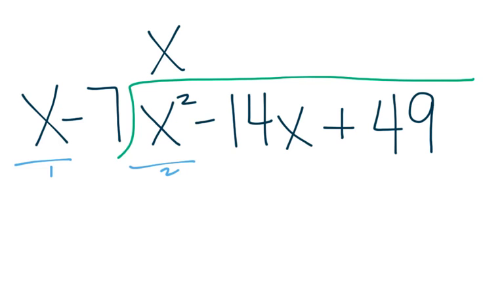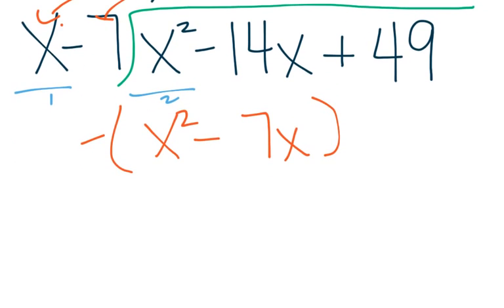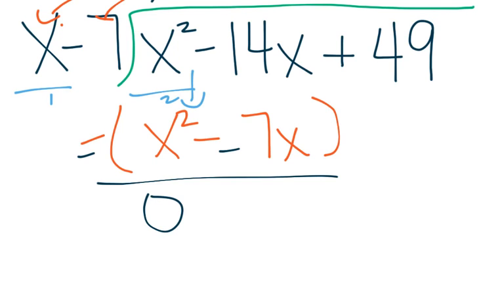And then we multiply each of these two by this first one. So we do x times x is x squared, minus x times 7, which is 7x, and then we subtract this.